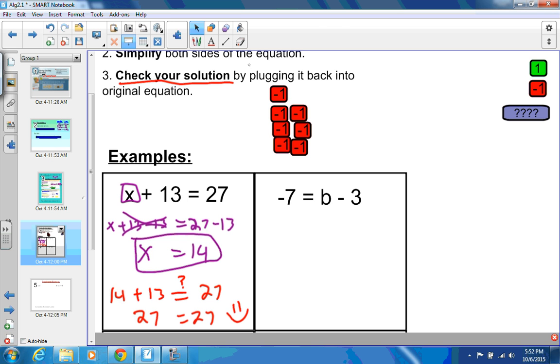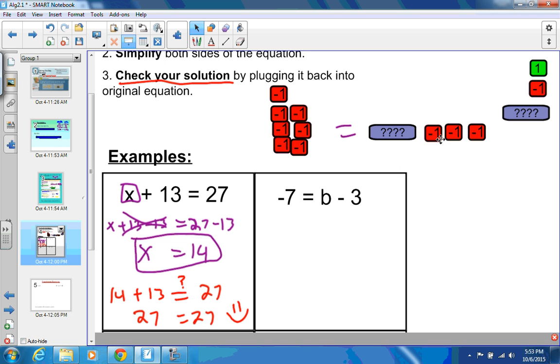And we're going to say that is equal to this b, this question mark, and then minus 1, 2, 3. Now our job is always to get this question mark all by itself, this b value.